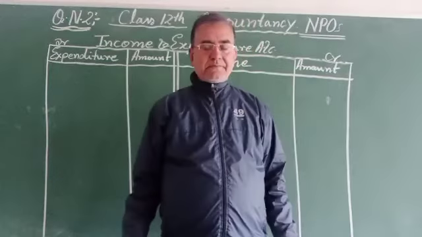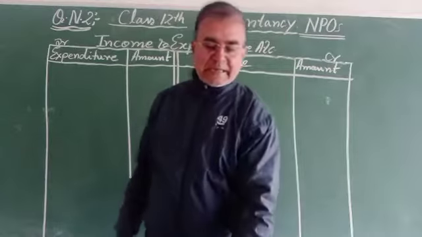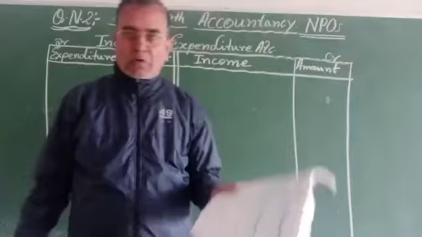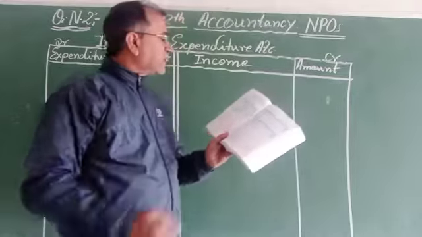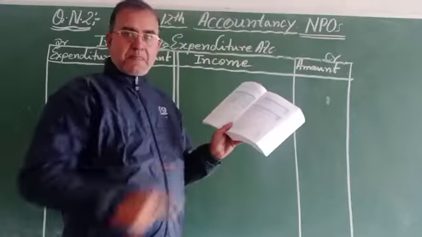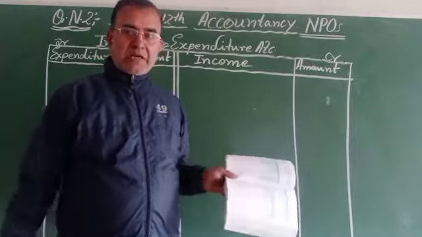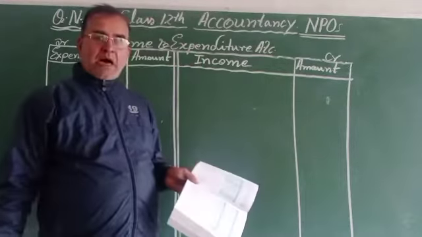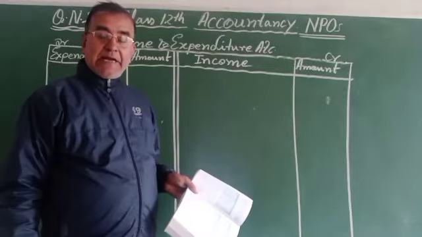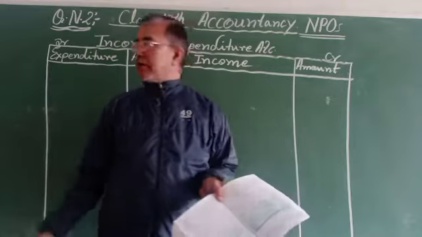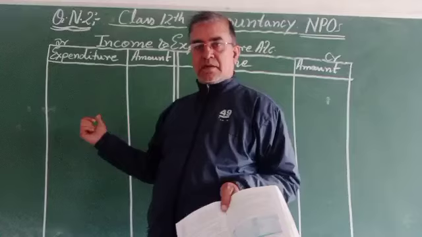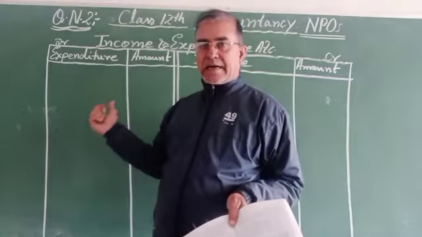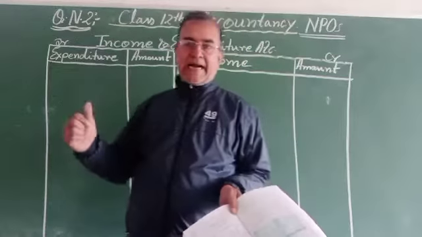Now see, whatever the information given, this one is your textbook and that is question number 2. Go through the question and keep on watching the video to see the steps involved in treating such items, recording them in the debit or credit column, the expenditure column and the income column.